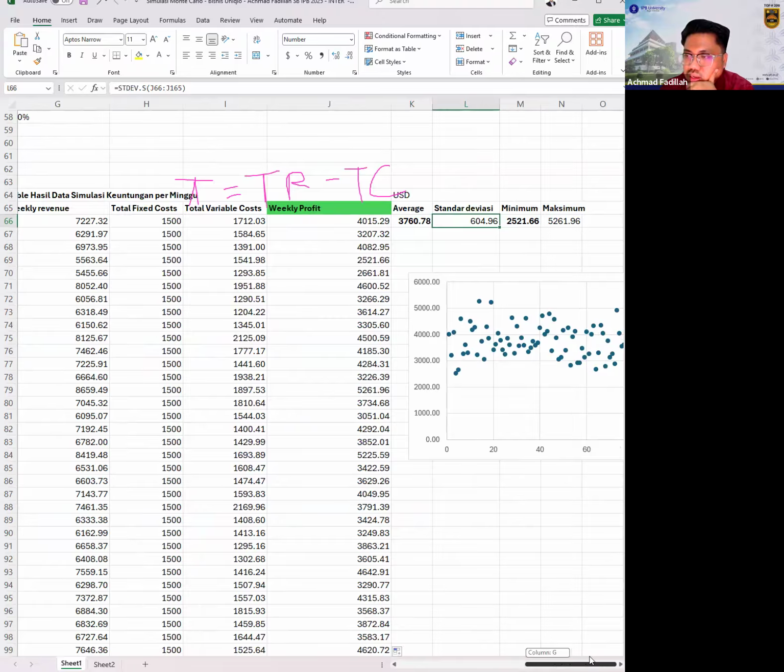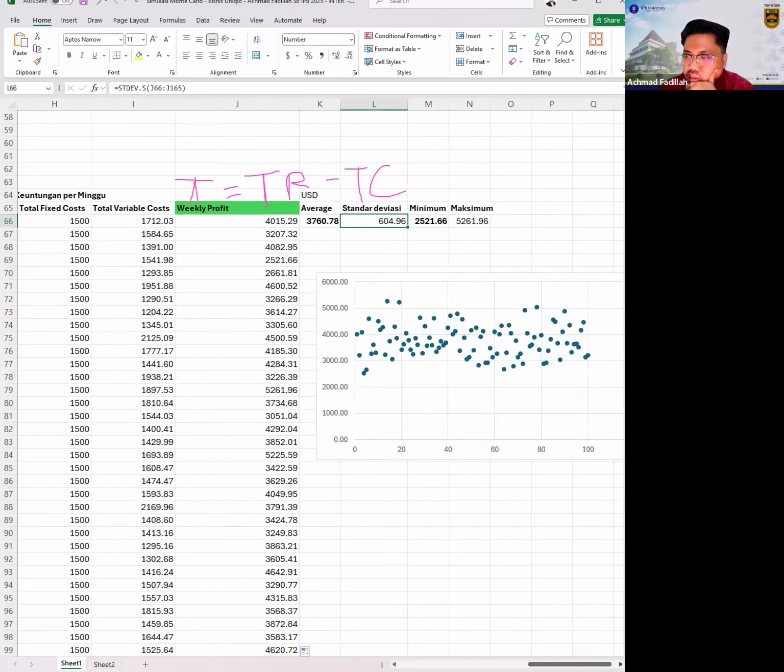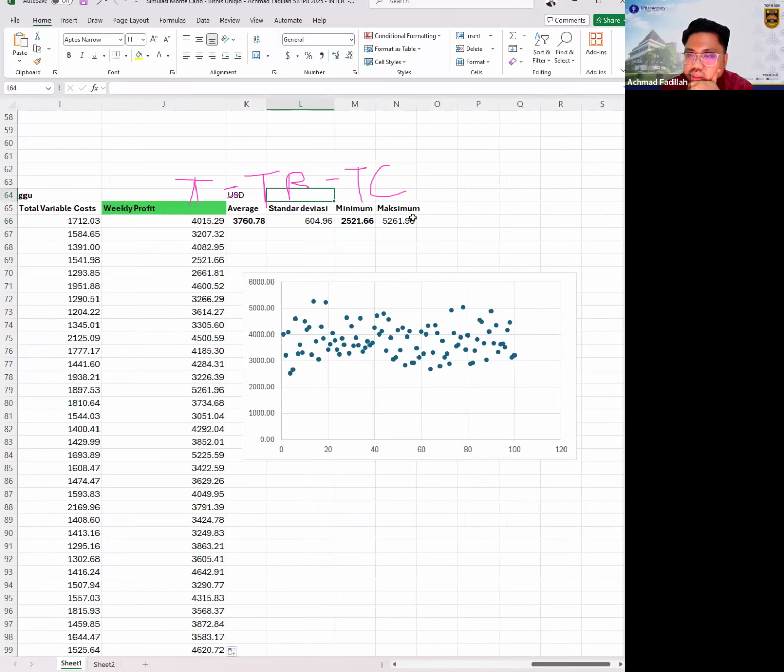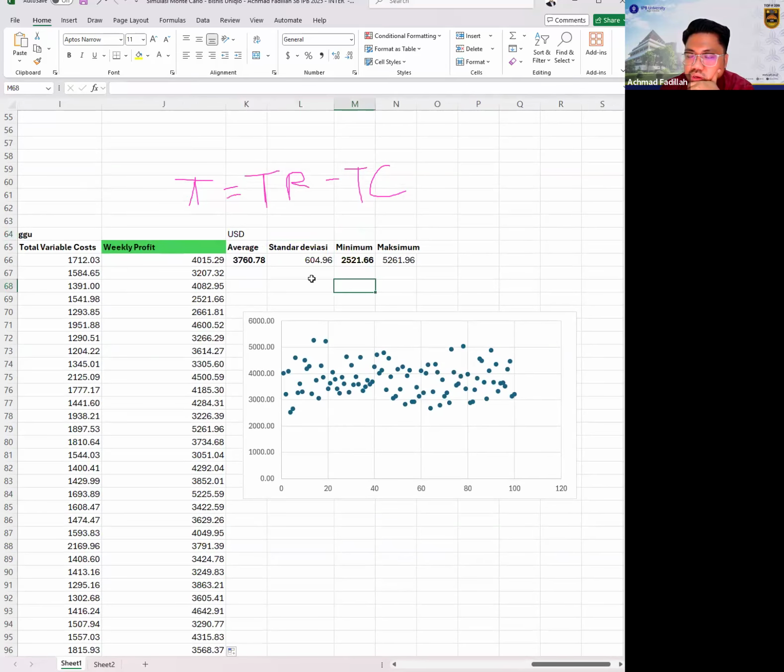It means that the profit is not stable due to the variation of the demand and the variation of the material cost. Even though the price is constant at $50, the profit will change every time you press F9.